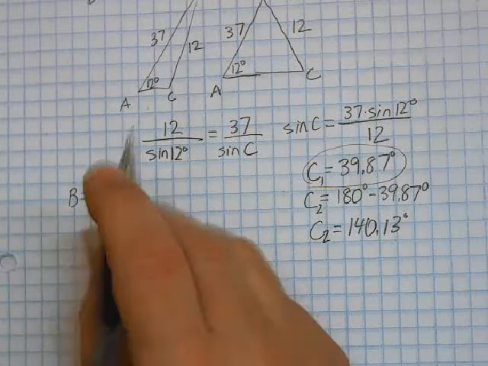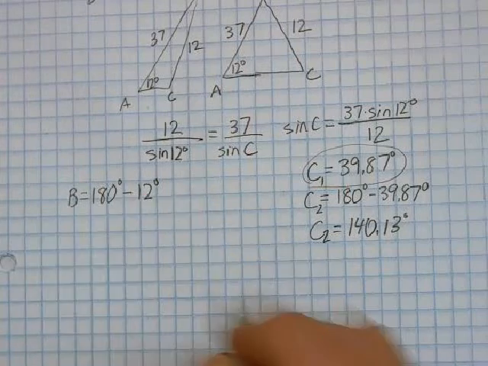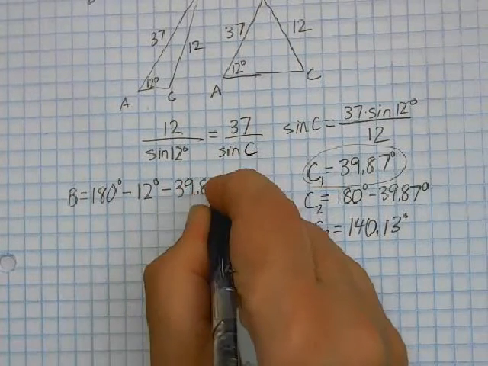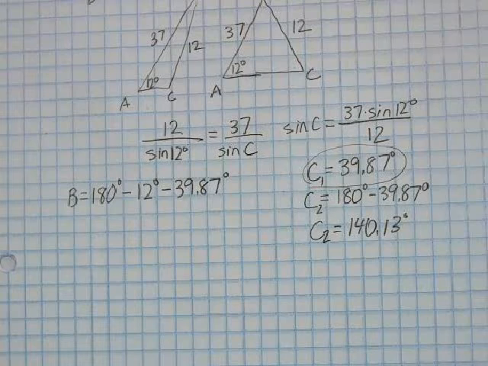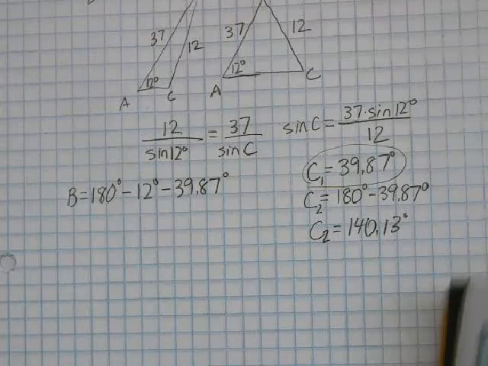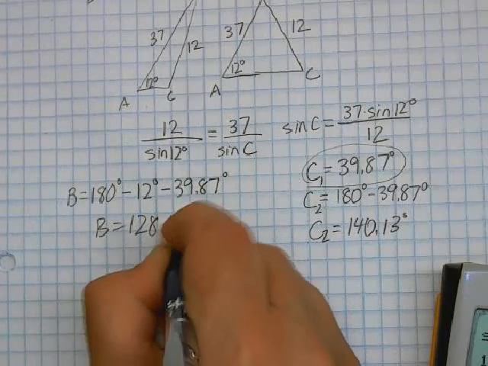That means B is going to be the obtuse angle. So to find it, I just subtract the two angles I know. So here, B is 128.13 degrees.